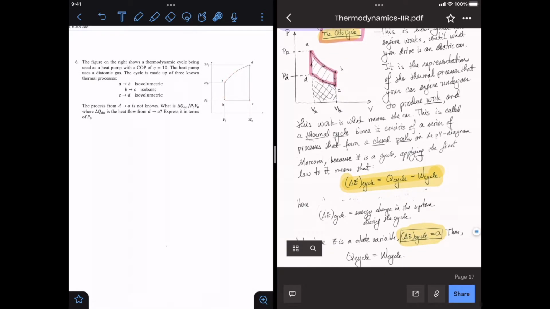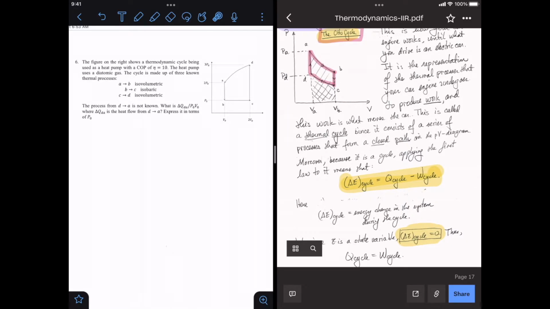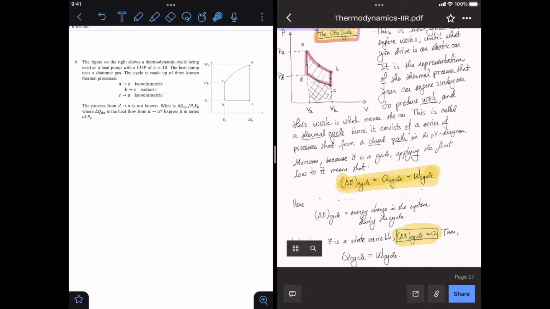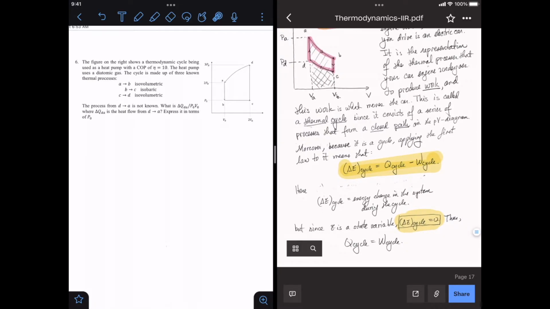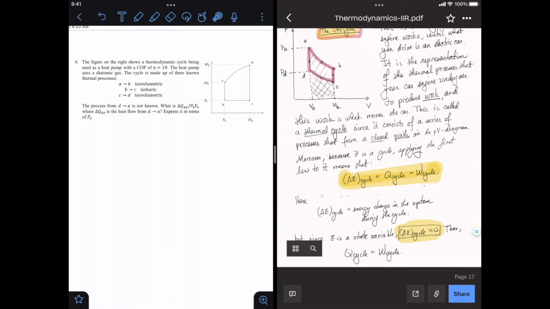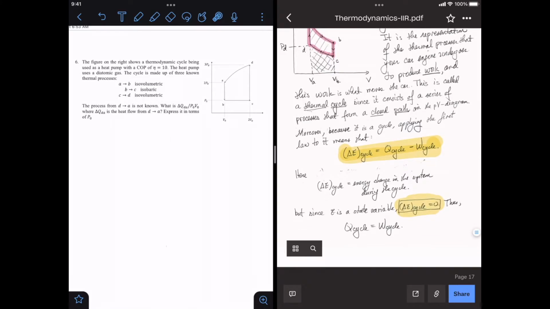Okay, and that closed path means that the change in energy in a cycle is equal to the Q variable, and that Q variable is net heat transfer. So we have net heat transfer as Q, and then we have the work of the cycle as W. Our change in energy for the closed path, our net change, is going to be 0, right?